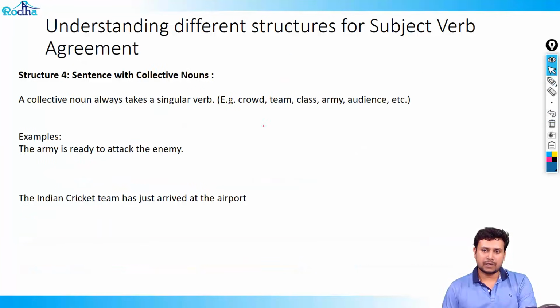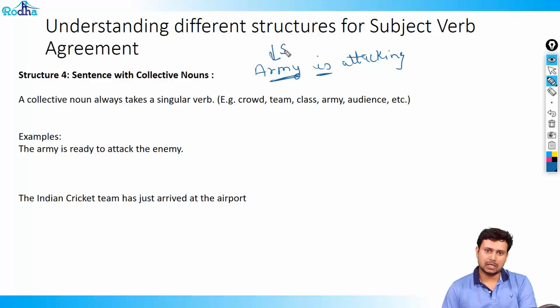Now, what happens when you have subjects with collective nouns? Collective nouns are nothing but nouns which indicate a collection. For example, if I say army is attacking, who is attacking? Army.